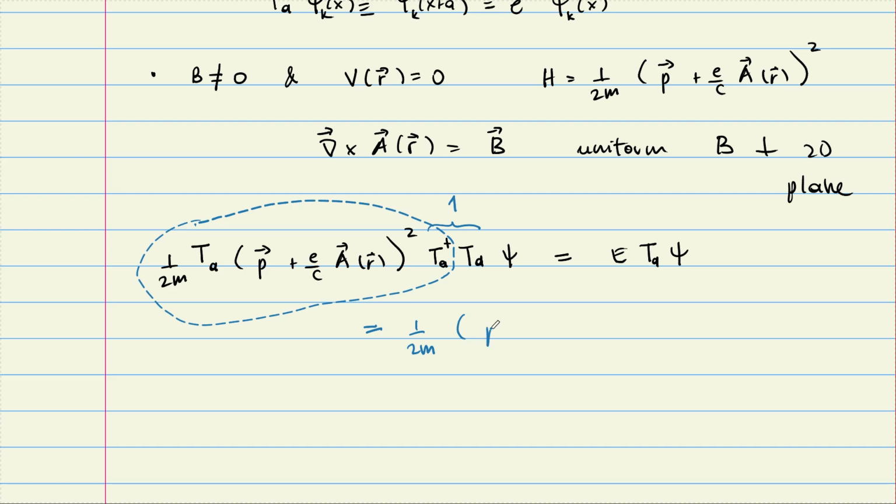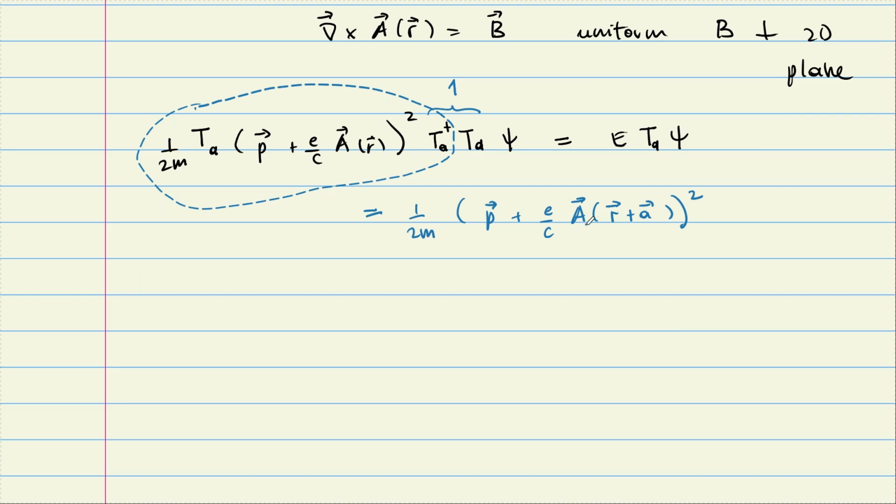This will give us p going to p plus e over c A going to A of r plus a, squared. The only r-dependent quantity is A, and I shifted it by the translation operator. And I will define this to be H prime.